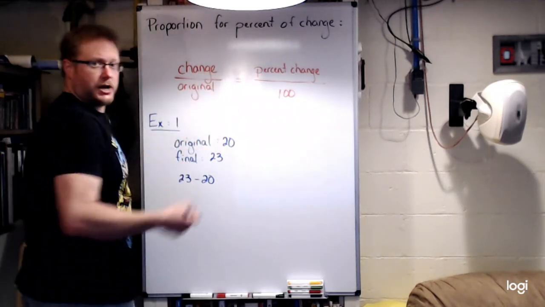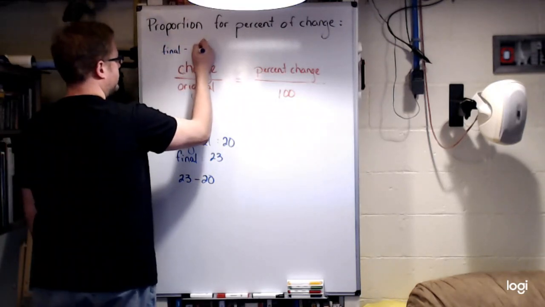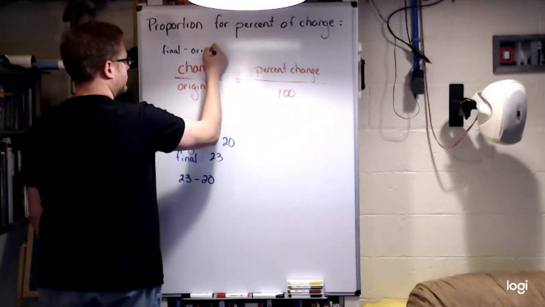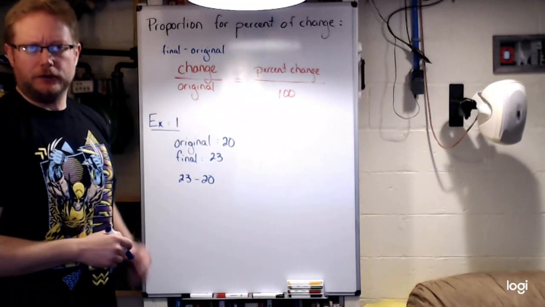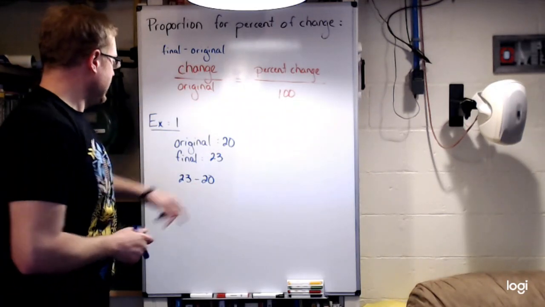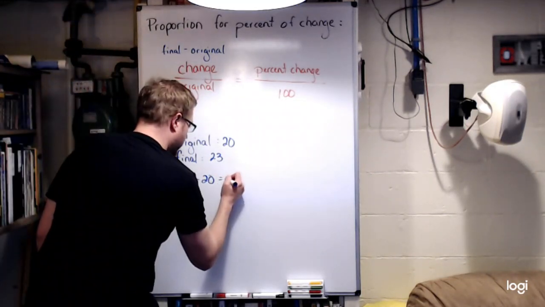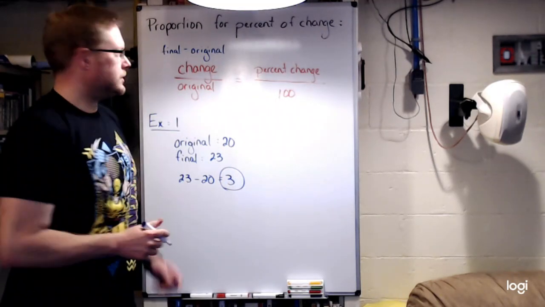And that's what your change is. It's your final, or your new, minus your original. That's always how you find the change. In this case, 23 take away 20 is 3. So 3 is our change.